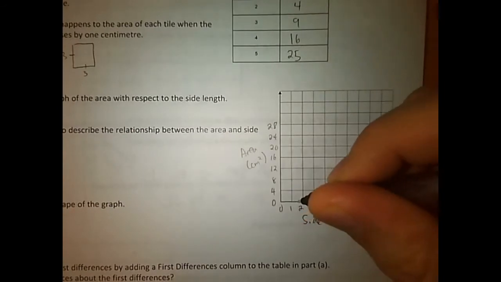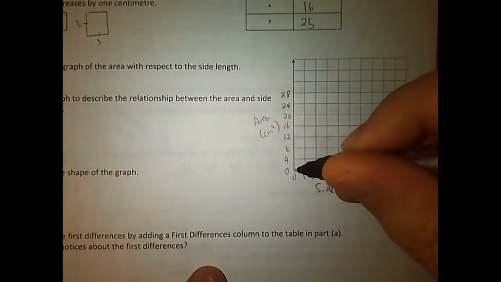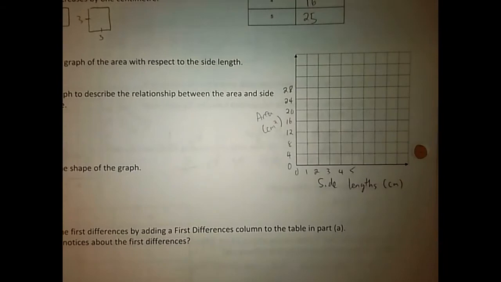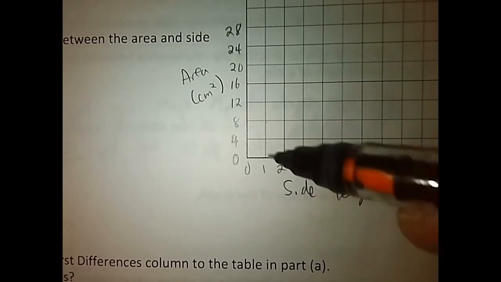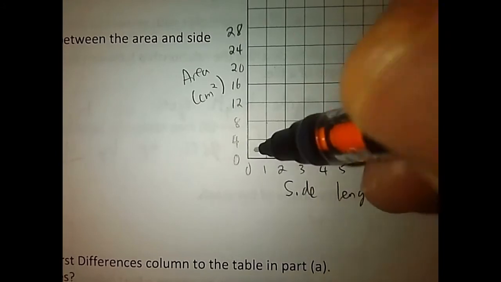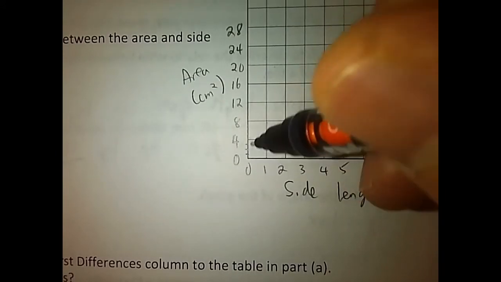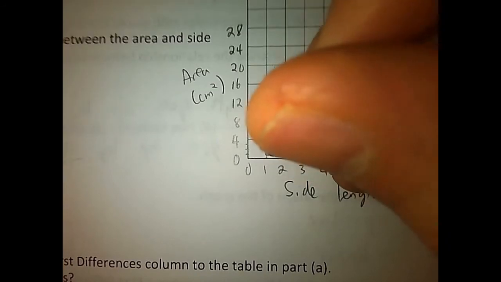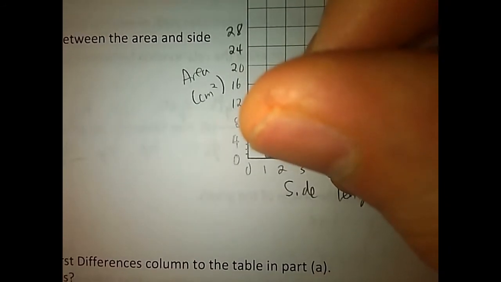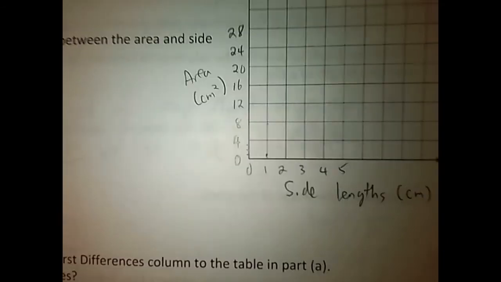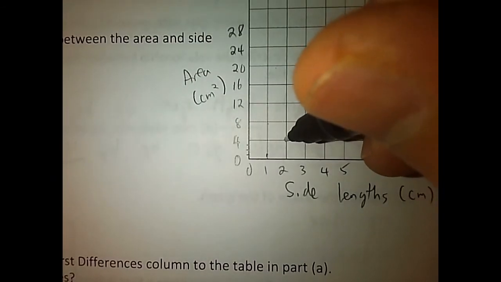So at 1, we have 1. I know that's harder to graph here. So if this whole square, I'll zoom in here a little bit, or a lot maybe, if this whole square from here to here is 4, then I can divide this square up into 1, 2, 3, 4. So I can say x is 1, 1 is going to be here. And then 2, 4 will be here.